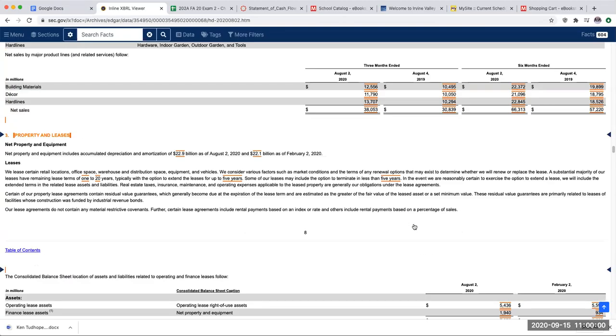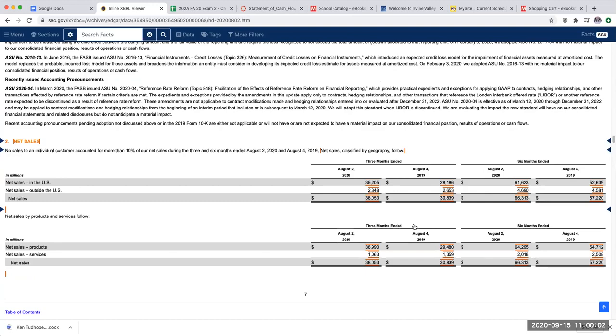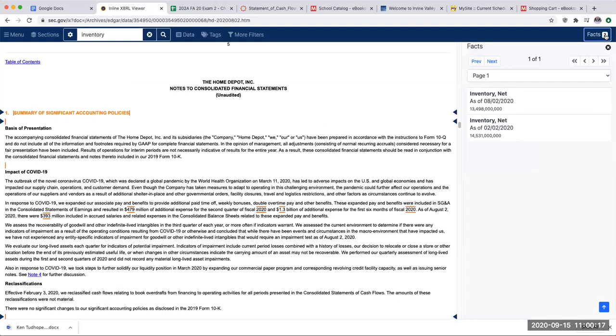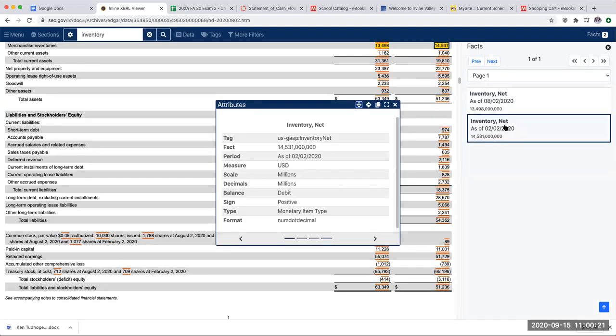So let's go here. Let's see here, we've got net sales. Let's find inventory. Okay, inventory net. That doesn't really give us what we want.